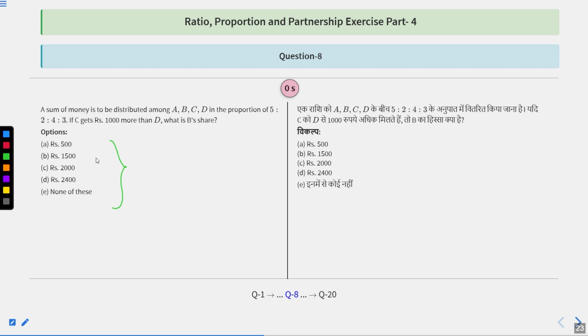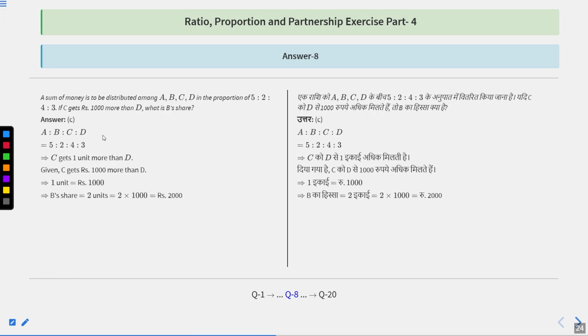Now time's up. Let's see the solution. In the question, it is given that the ratio of A, B, C and D is 5 ratio 2 ratio 4 ratio 3. So C gets 1 unit more than D. It is given in the question. According to the question, the difference between 4 and 3 is 1 unit.